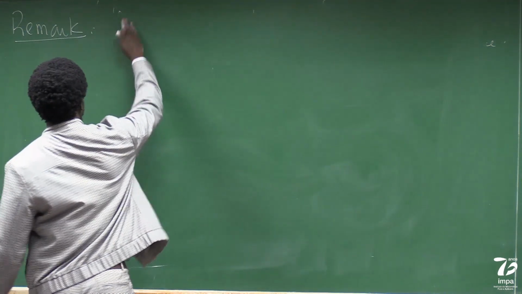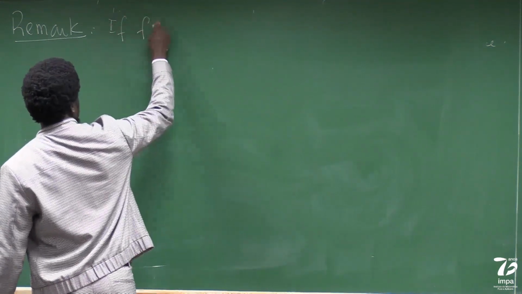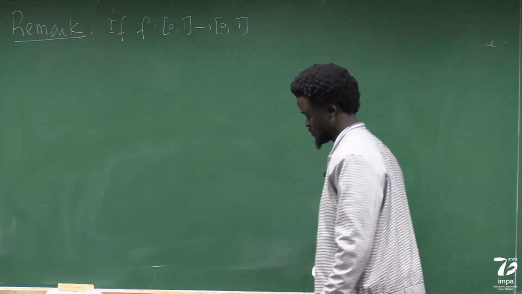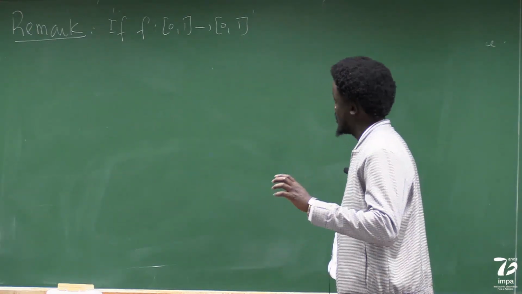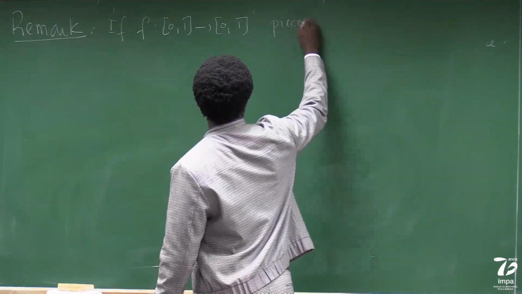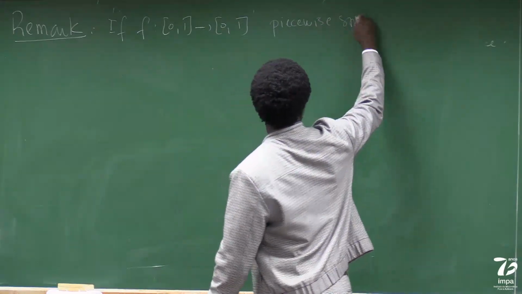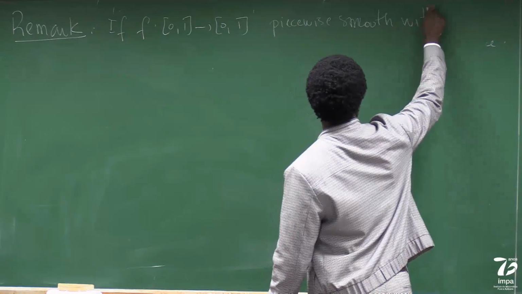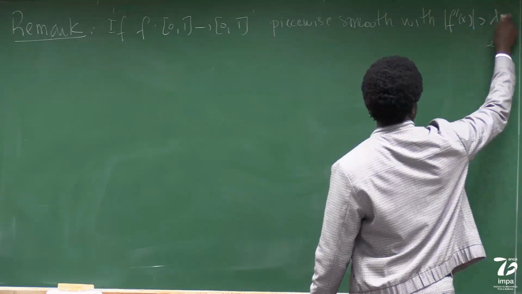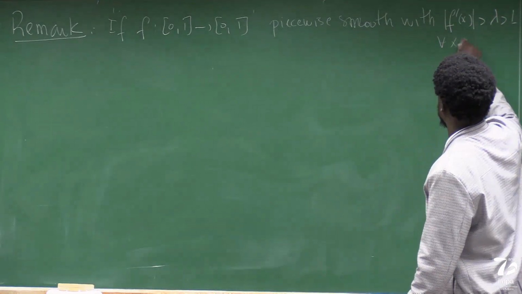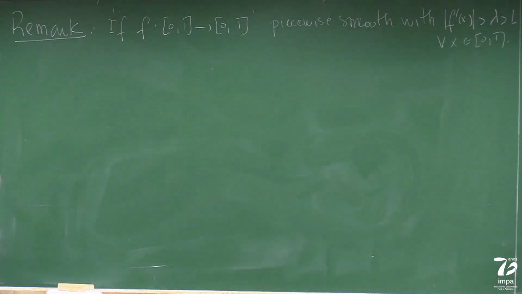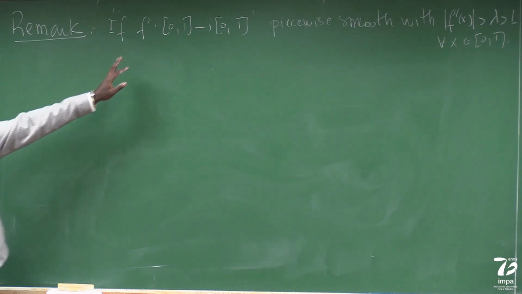So if f from 0, 1 to 0, 1 is piecewise smooth with f prime of x bigger than lambda bigger than 1 for all x in 0, 1, then you can always find a power of f that is a full branch map.